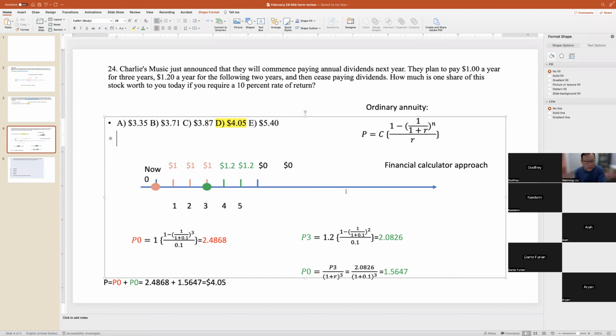You can use the most basic formulas, just discounting each cash flow, not using the annuity, right? But when the number of cash flows is large, using the formula will be really beneficial. Even using a calculator, if you want to enter like 12 or 20 cash flows, that's going to take some time, right? So there is the benefit of using the formula.